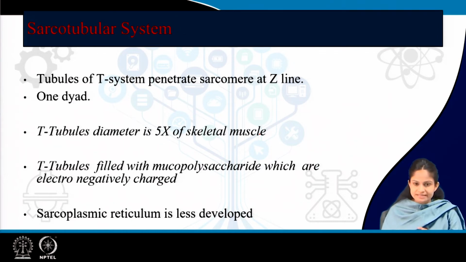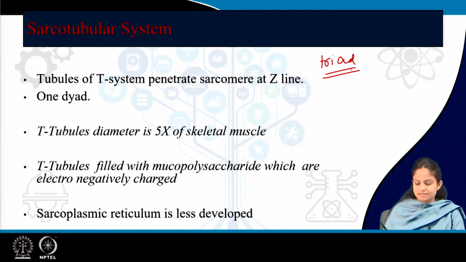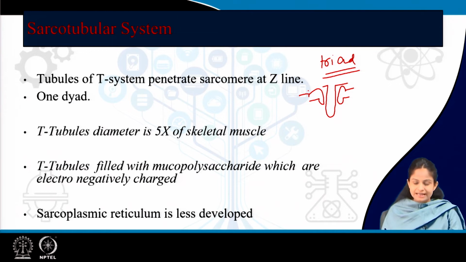Now, again the difference comes in the sarcotubular system. In skeletal muscle, the sarcotubular system usually forms a triad. There is a T-tubule, which is an invagination of the sarcolemma deep into the cell, and there are two cisternal ends in case of a triad, but this is not the case with cardiac muscle.